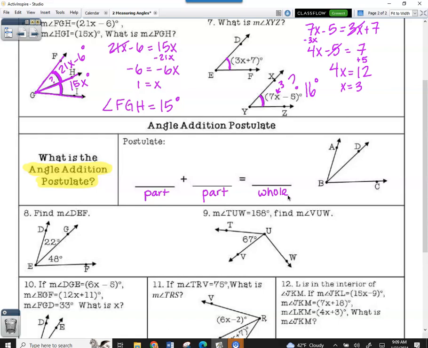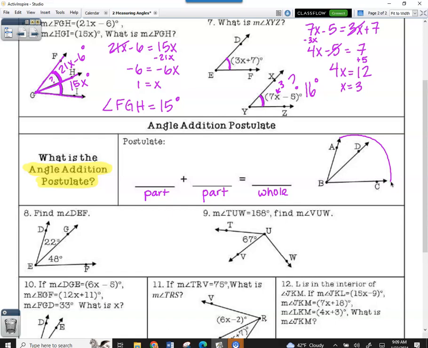So, you can name this by 3 letters. You could say angle ABD plus angle DBC equals angle ABC. But that's a lot of letters.